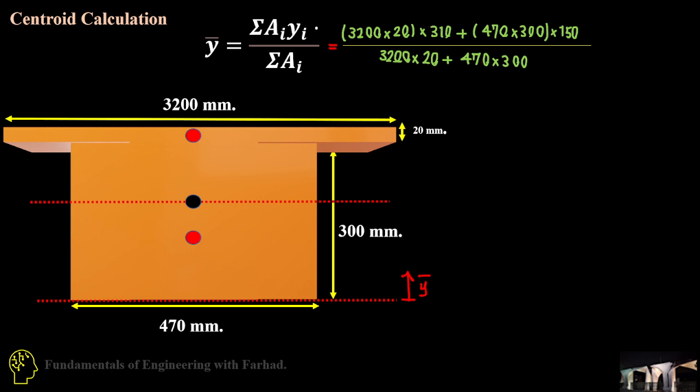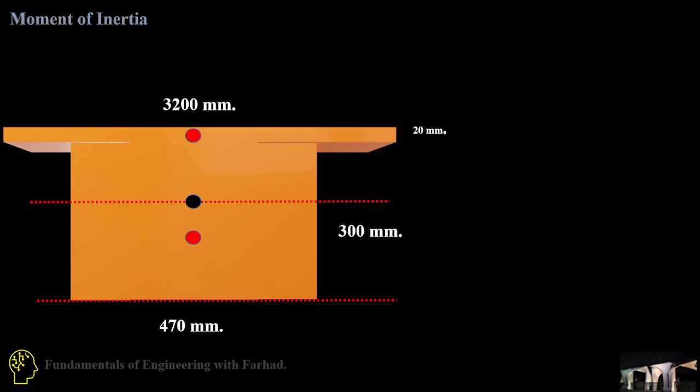Then the second area, 470 times the height times the centroid, which is 150 from the very bottom, over the summation of area. It gives you almost 200 millimeters for y bar, the location of the neutral axis.